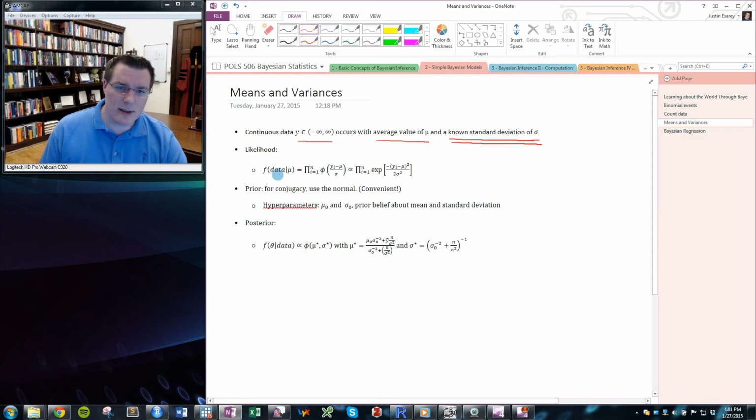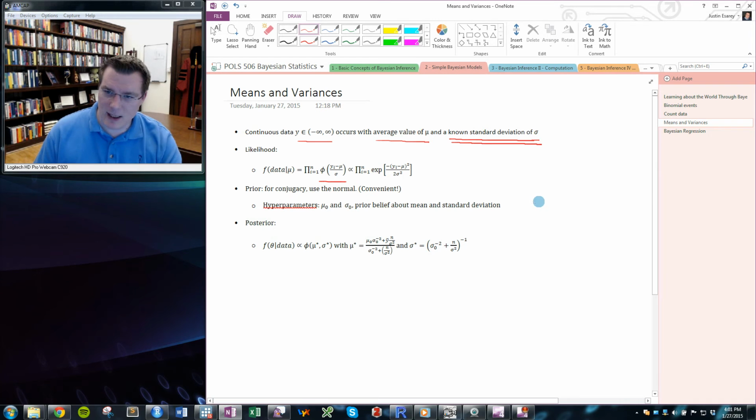So the likelihood is just, in this case, something most statistical people I'm sure are familiar with, the good old normal density. The likelihood is just the probability of observing a particular y given mu and sigma under the normal.